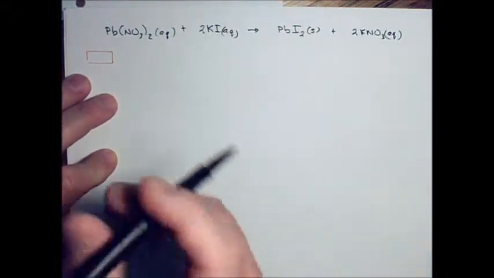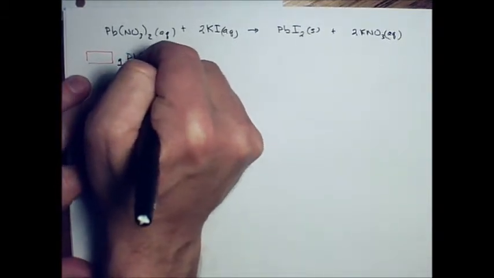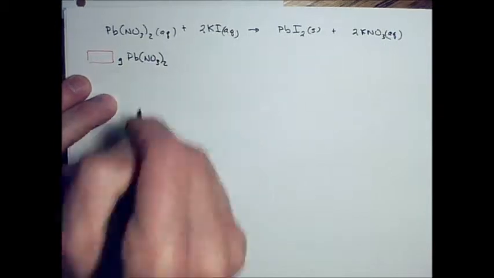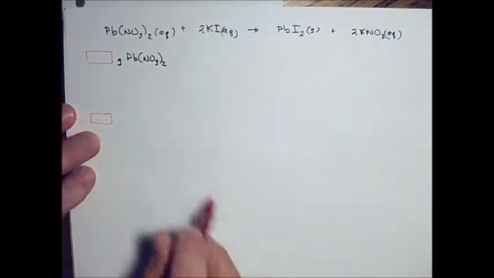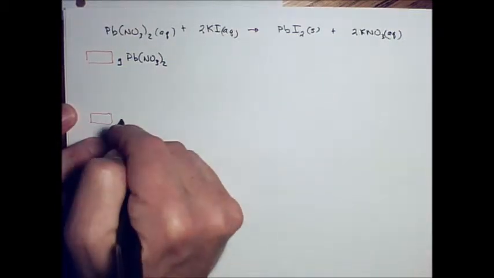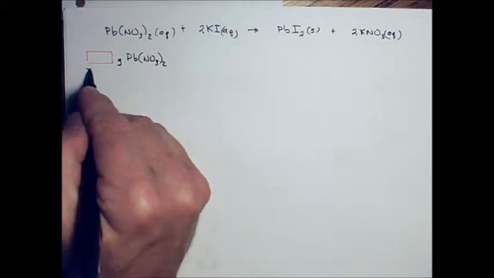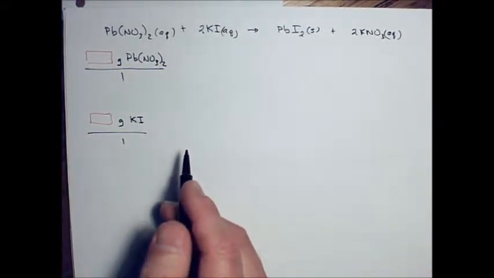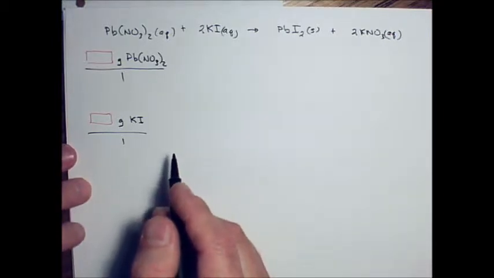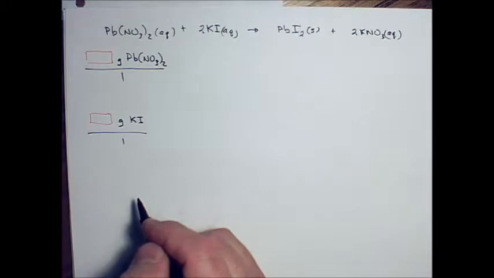You can start with your measured amount of lead(II) nitrate, or you could start with your measured amount of potassium iodide. Either one of those is fine to start with, because you should get the same results either way. And you can always do the math if you want to and see. I'm going to do both. It's not very hard to do the second one once I do the first one.